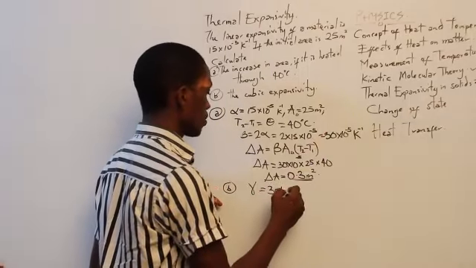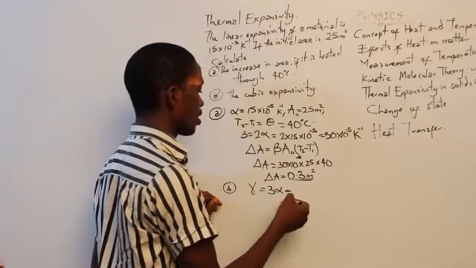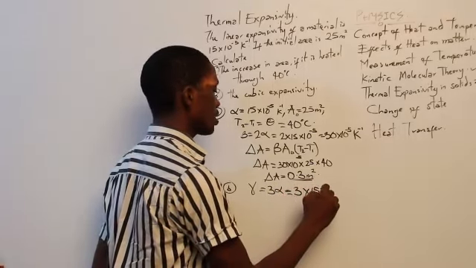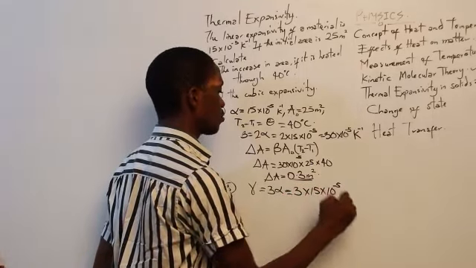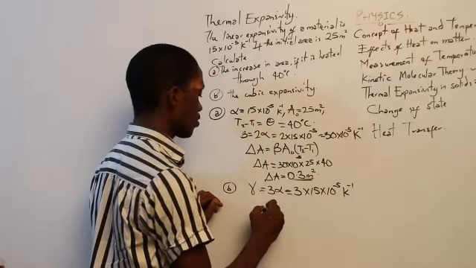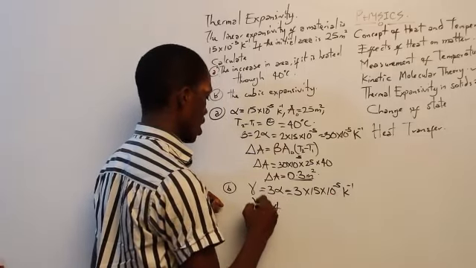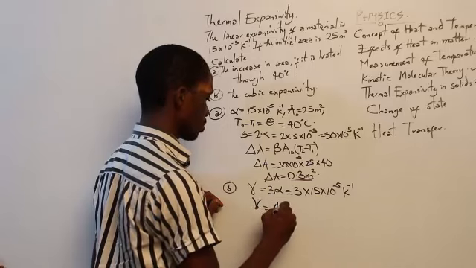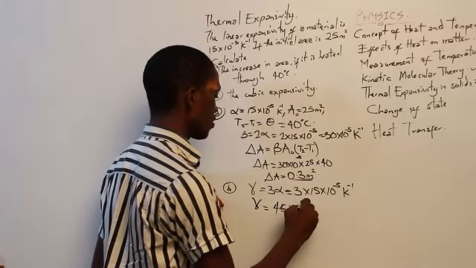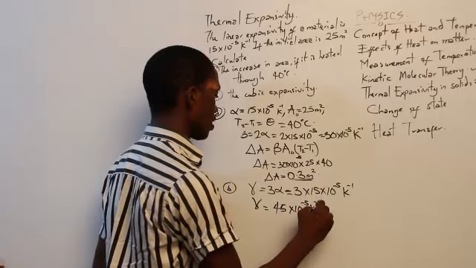So substituting our value for alpha into the equation, we have 3 multiplied by 15 times 10 raised to the power minus 5 per Kelvin, and that would give us our gamma to be equal to 45 times 10 raised to the power minus 5 per Kelvin.